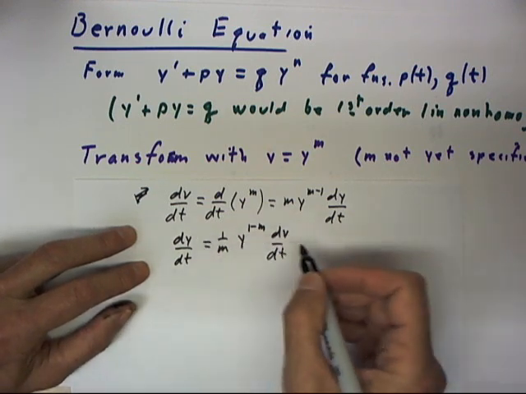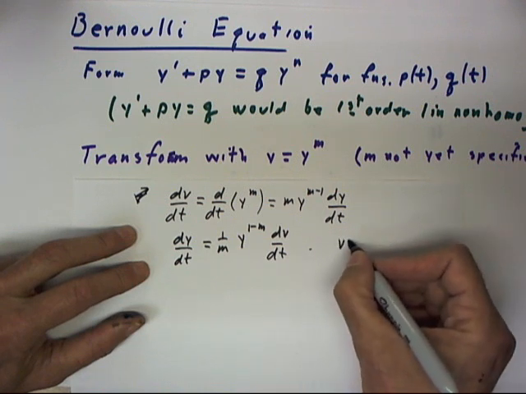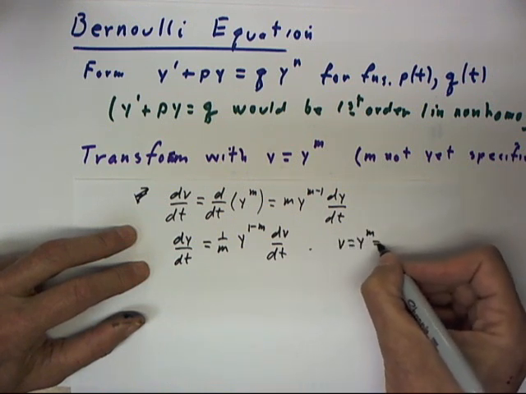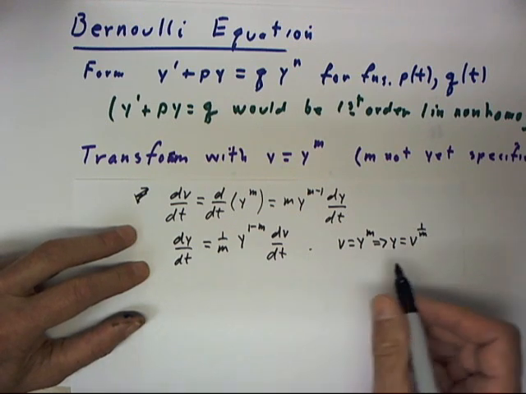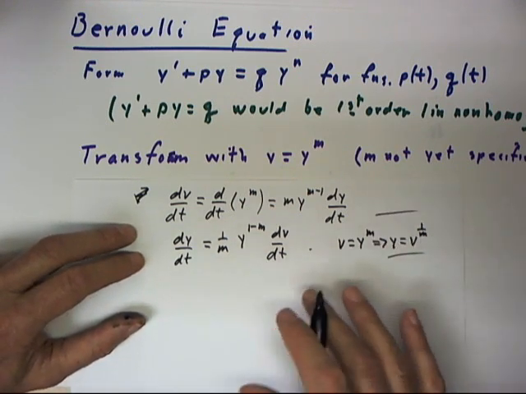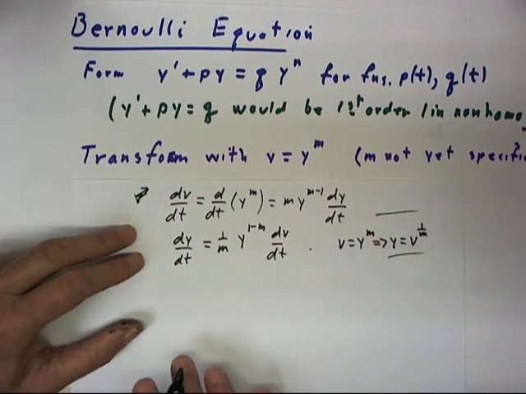Well, since v equals y to the m, it follows that y equals v to the 1 over m. Again, you should be aware of laws of exponents by this point in your mathematics education. That should be no problem.